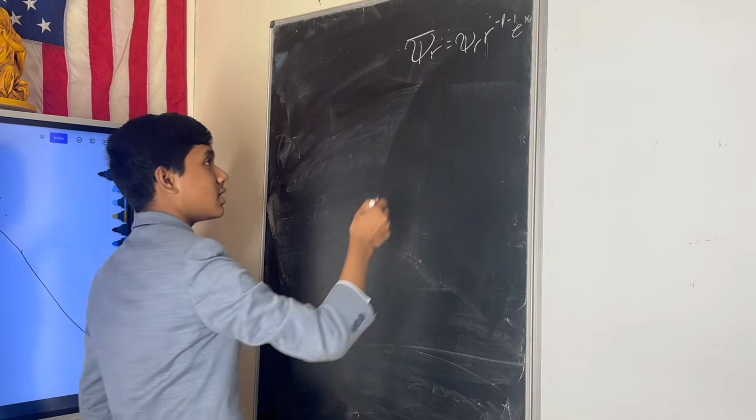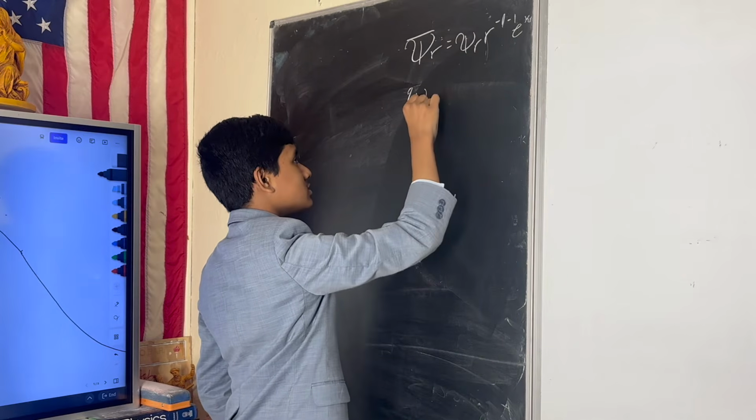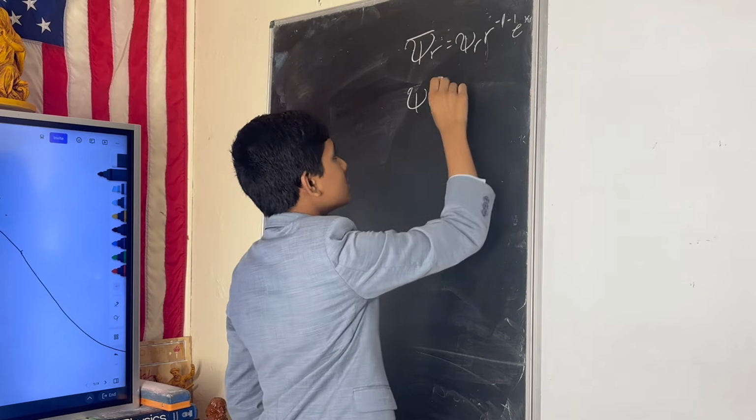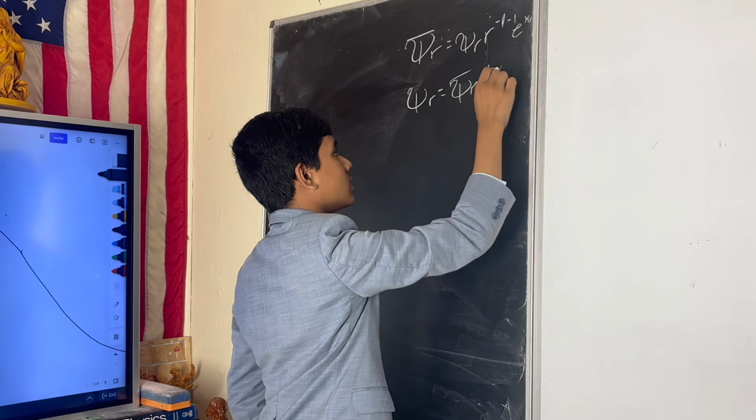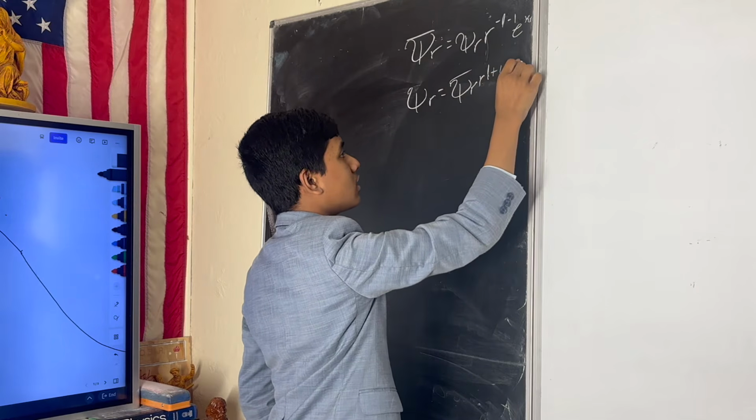And so that means the other way around, psi r is equal to psi r overline r^(L+1) e to the minus kappa r.